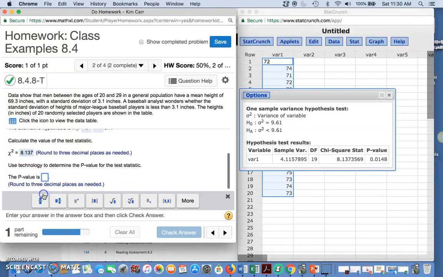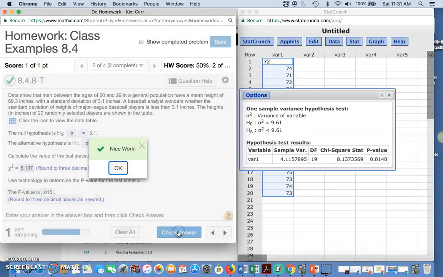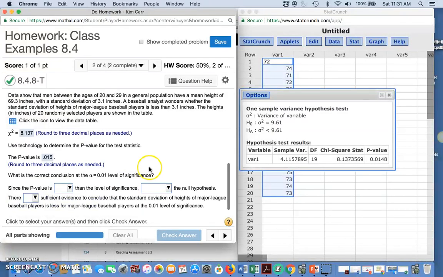Okay, the p-value to 3 decimal places, and be sure you watch because they swap between 2, 3, 4 all the time. 0.01 instead of 4, it would be 5 for 3 decimal places. Okay, that's our p-value, 0.01, and we are testing at the 0.01 significance level.